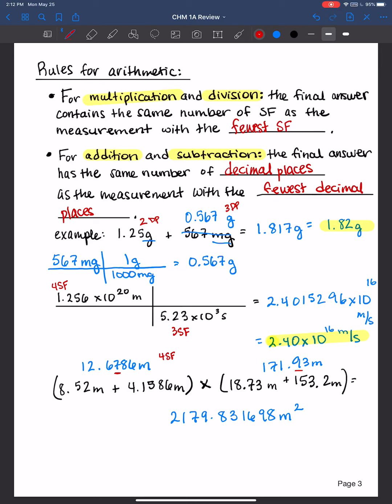Do the same thing for 171.93, and it looks like it would have been 1, 2, 3, 4 sig figs. So the fewest sig figs to report to looks like 4 significant figures. And so we need to round our final answer to 4 significant figures, so 2180 meters squared. And you may be thinking, well, hey, I see that there's a trailing 0, no decimal point.